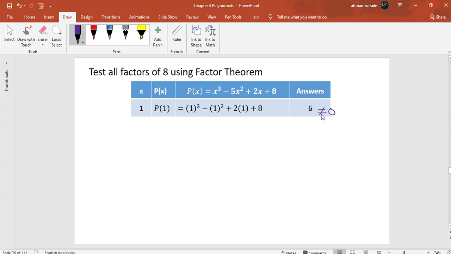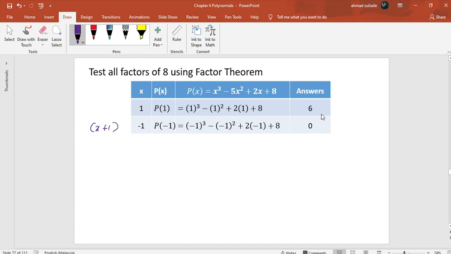Let's continue to the next one. When I substitute -1, I have a 0 remainder. So -1 is a root of this polynomial, meaning that x plus 1 is one of the factors of this polynomial.